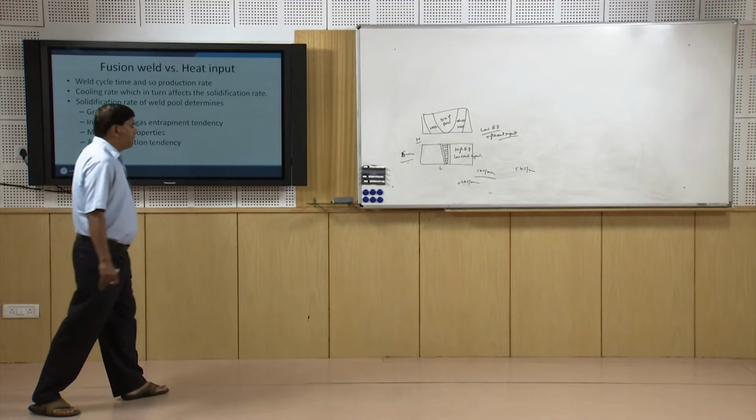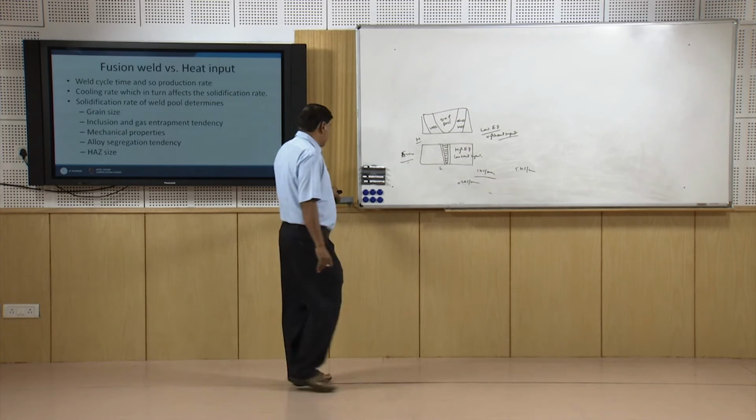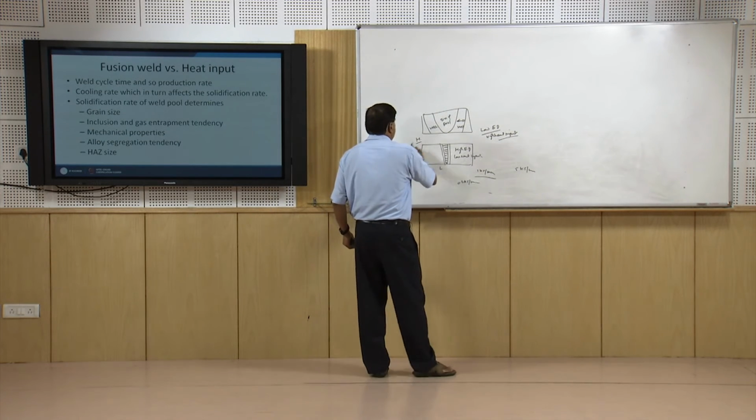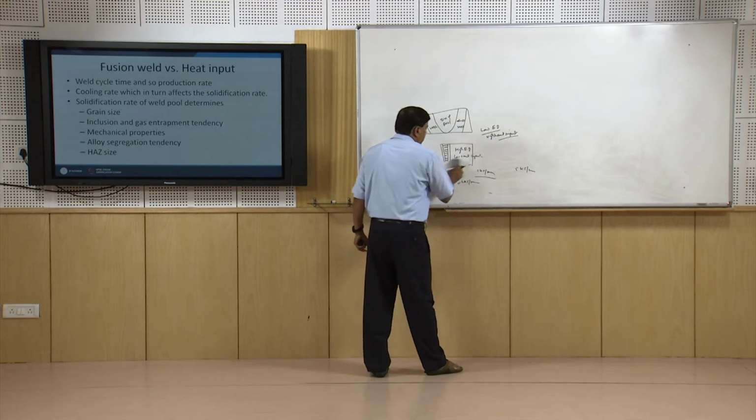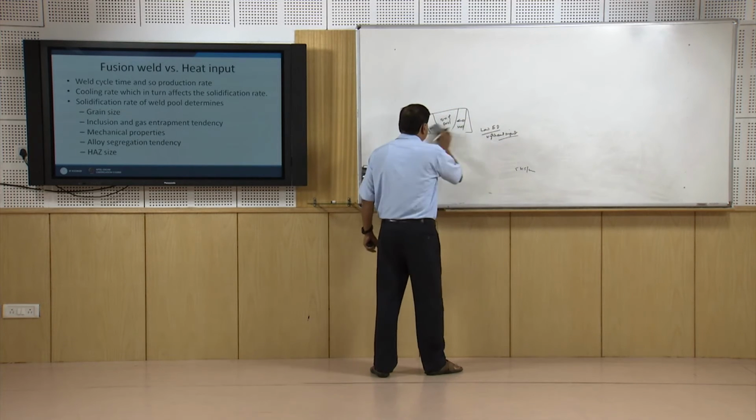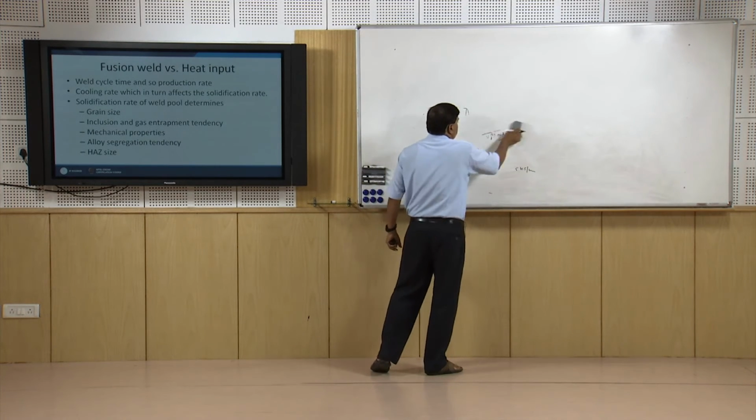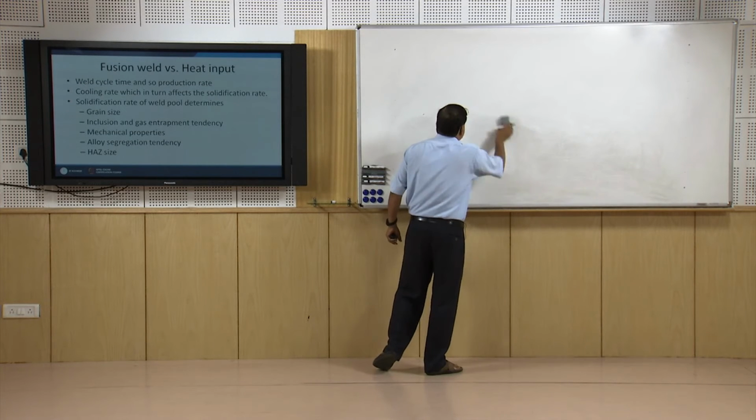Now, we have to see in which way it is important to look at the energy density, and how it affects the welding, or the joining process, as a whole.